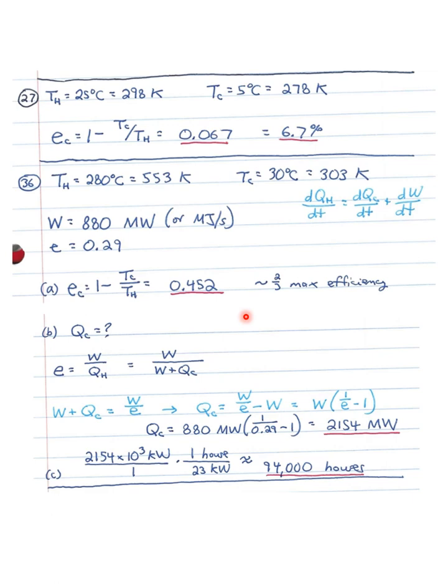Question B says find the rate of waste heat discharged to the river.